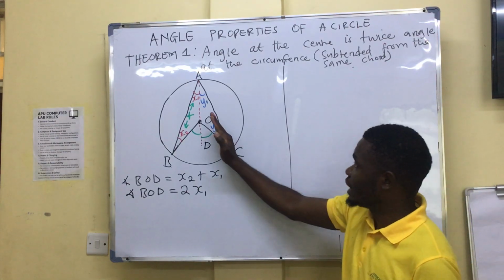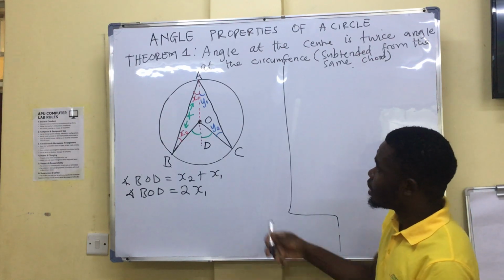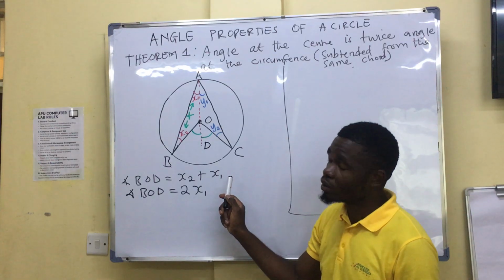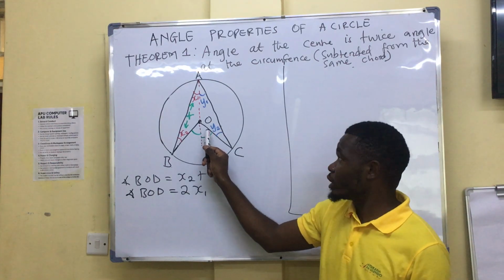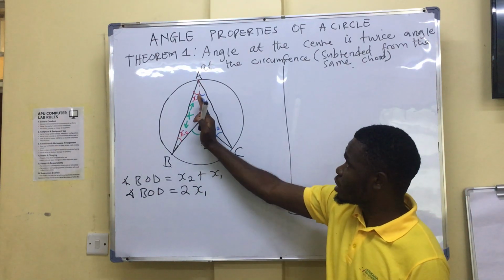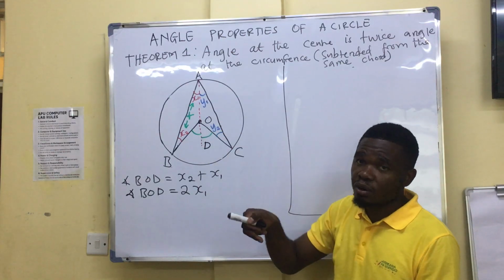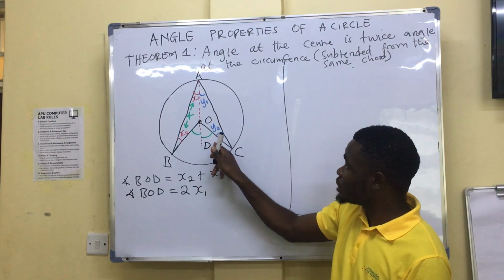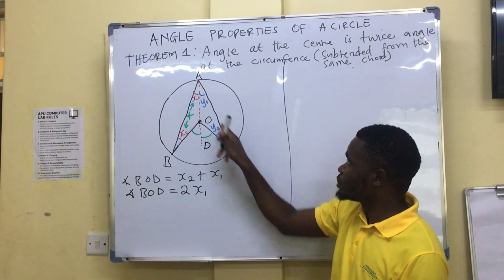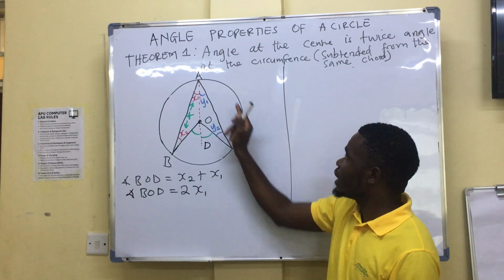Fine. So let's go to this side. We know that we have another angle here, angle DOC. It's an exterior angle as well, but of which triangle? Triangle AOC, this part. It's outside this triangle, so it's an exterior angle. So to find the value of angle DOC, we will take angle OAC, which is y1, plus angle OCA, which is y2.